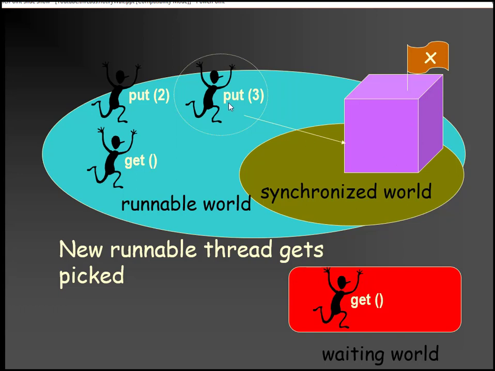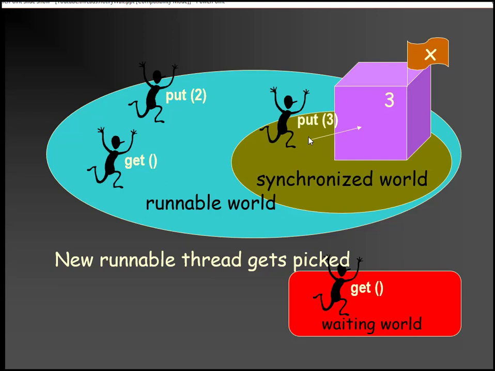Now one of the producer threads gets chosen by the scheduler. The producer thread is trying to put 3 into the cubby. He comes in, he finds the flag down, which means there's nothing in there, so he will put 3 in the cubby. Now, you tell me, Rollo, what is going to happen when he puts 3 in the cubby? Well, I think he will call notify. That's right. He will call notify.